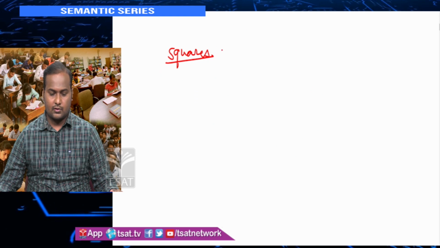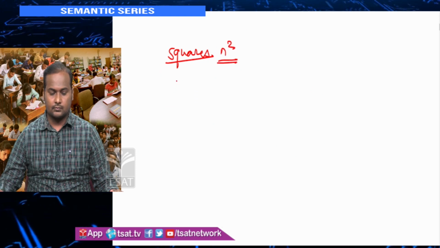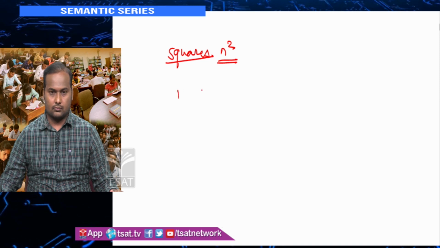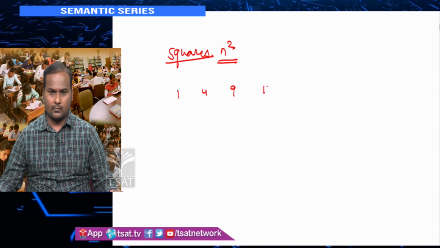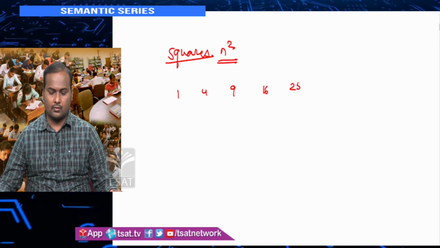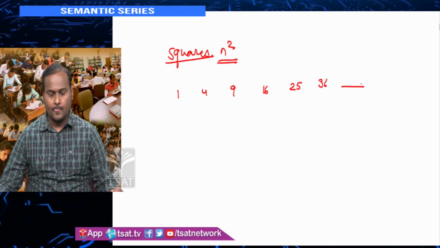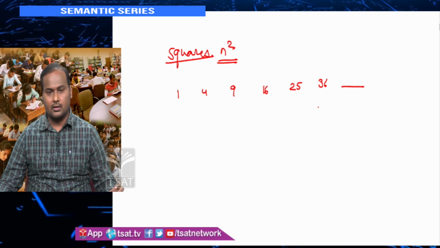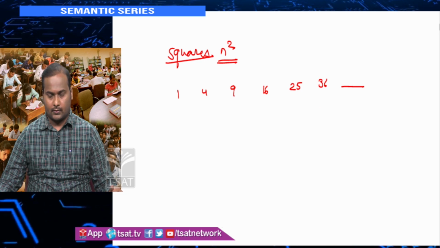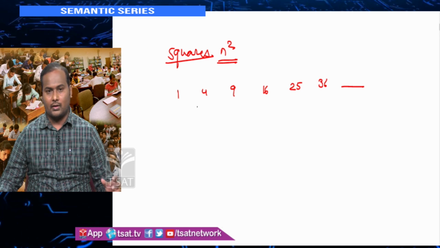In case of squares, that is n square, the format is very simple: 1, 4, 9, 16, 25, 36, and it will ask for the next one. The moment you see these, you should recognize that it is in the form of a square. Or the other way to solve it is to take the difference.